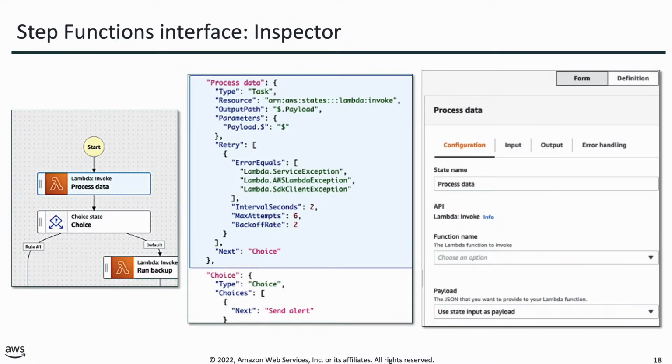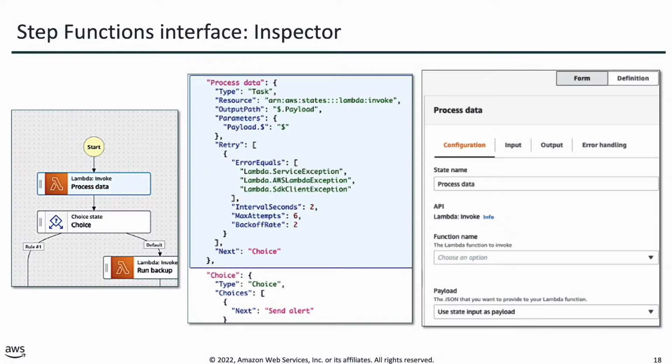And if you have already added a state to the workflow, you'll want to configure it, and you can choose the state you want to configure, and its configuration options appear in the inspector panel. And to see that workflow code, you would choose the definition panel, and then that code is going to be associated with the selected state that's highlighted.